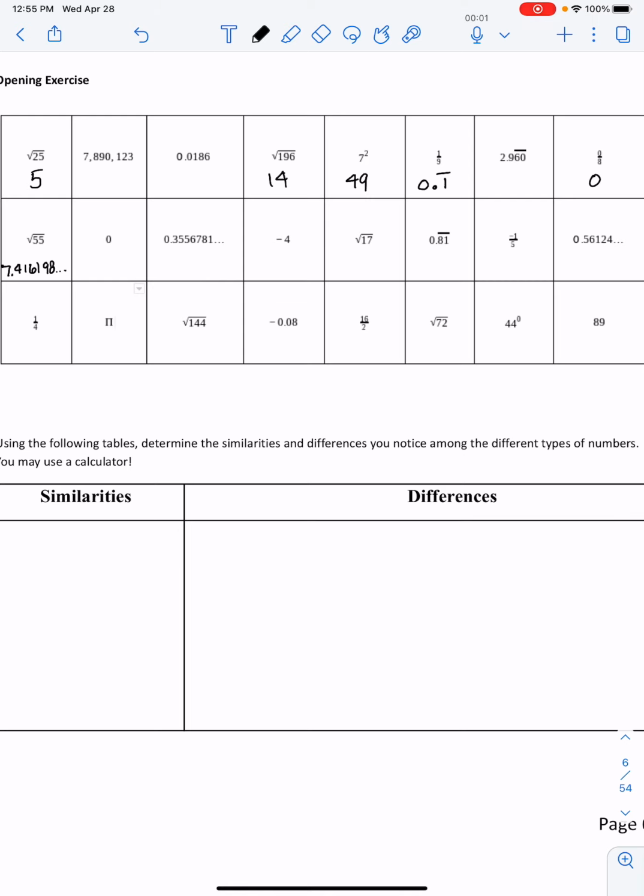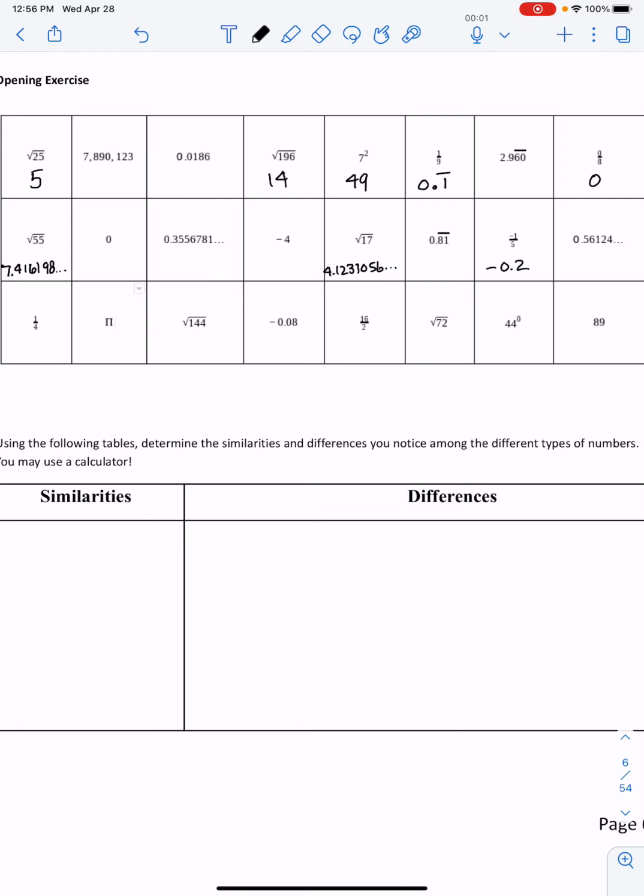Then we have the square root of 17, which is 4.1231, and that also repeats. Then we have negative 1/5, which is negative 0.2.